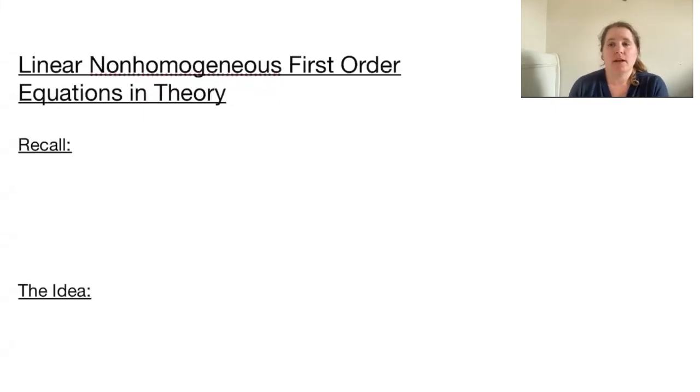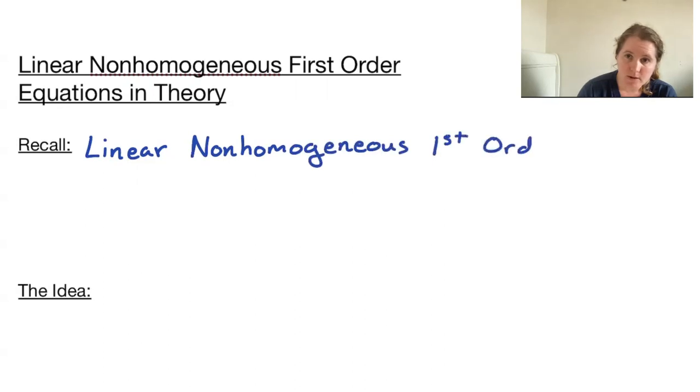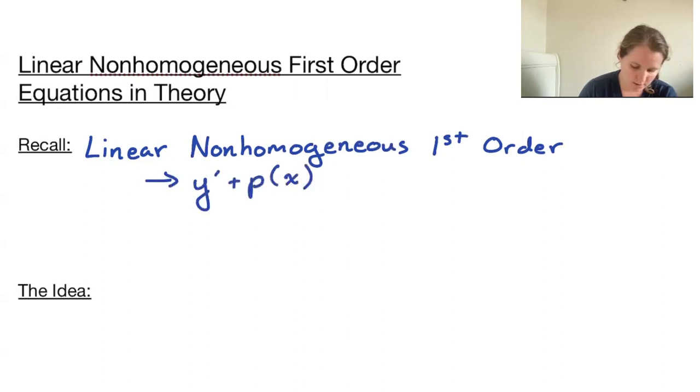Welcome to linear non-homogeneous first order equations in theory. Recall that linear non-homogeneous first order essentially means that our equation is y prime plus p of x y is equal to q of x.